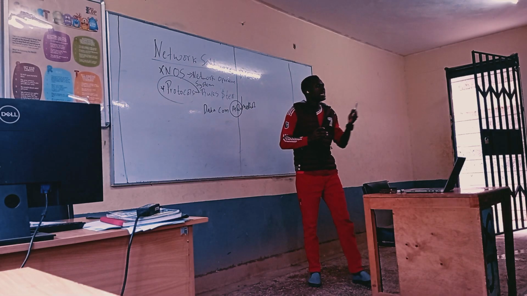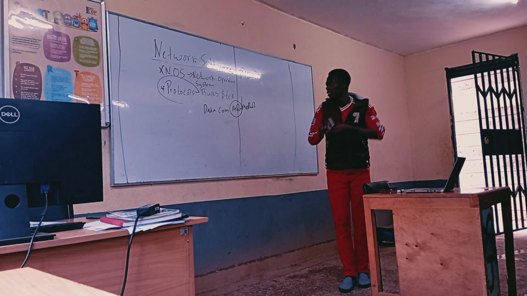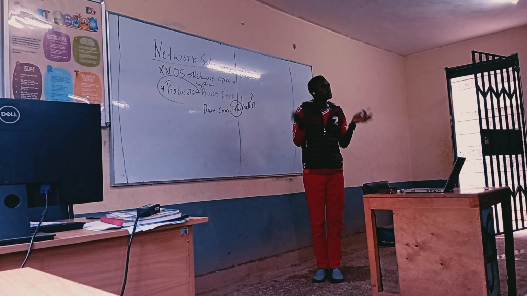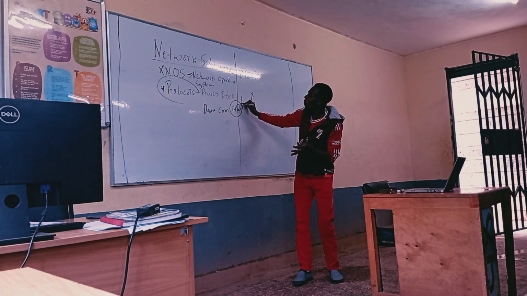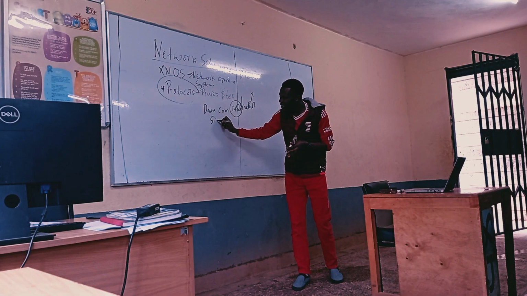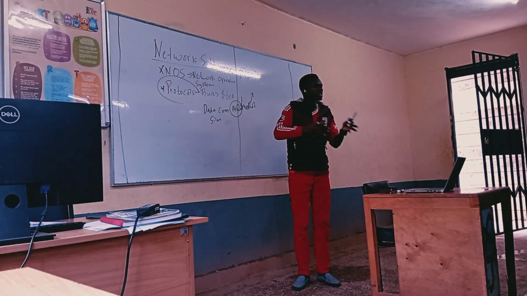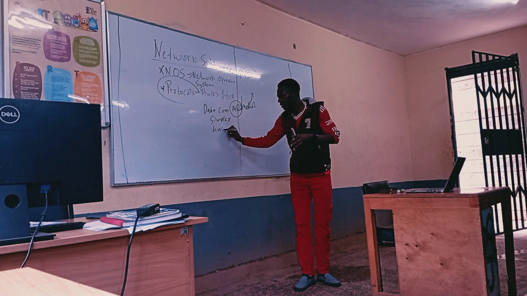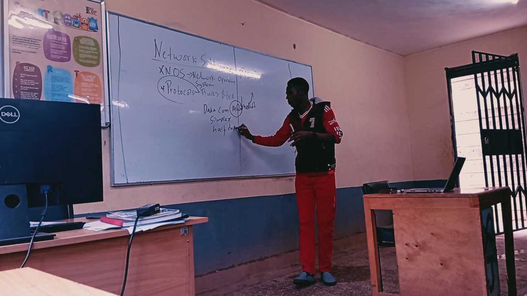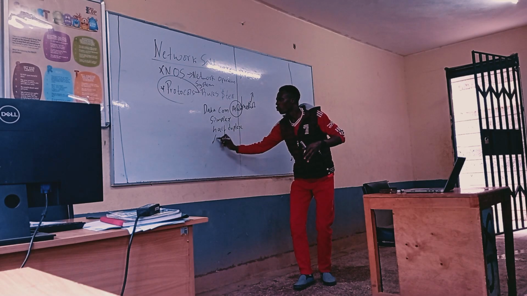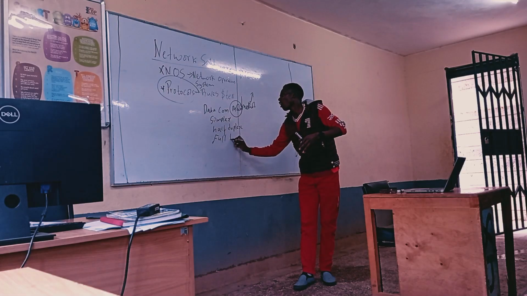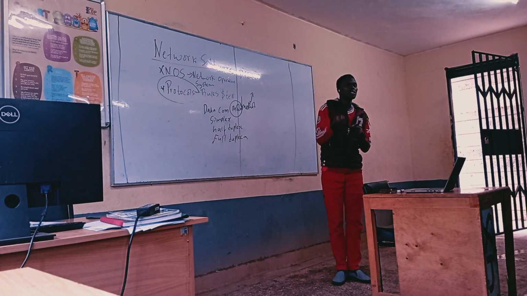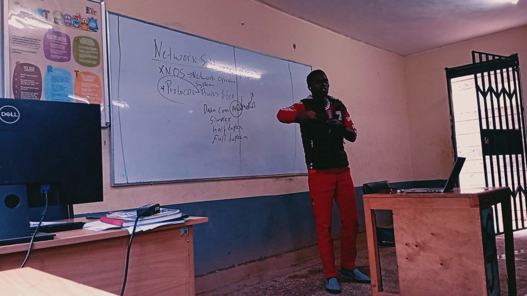When you are told data communication method, there are three: manual or electronic. But when we are talking about modes, there are simplex, half duplex, and full duplex. In full duplex, the exchanging of signals is both ways simultaneously.